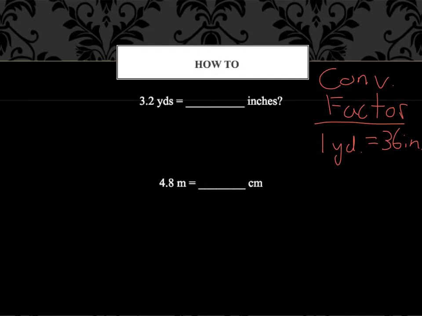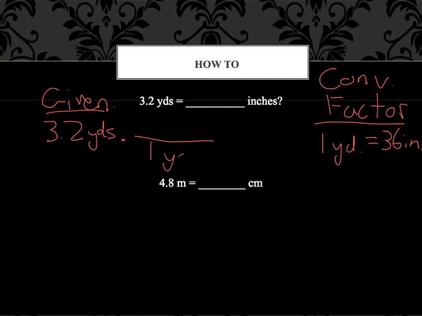So now what we do is we start with something, okay? So we're going to start with what we're given. So start with what you're given. And that is this, right? 3.2 yards. And then we're going to use our conversion factor. Okay, my conversion factor is this: 1 yard equals 36 inches. So I'm going to turn that into a ratio. Now here's the deal. We're starting with yards, so yards goes on the bottom. 1 yard on the bottom, okay, and 36 inches goes on top.